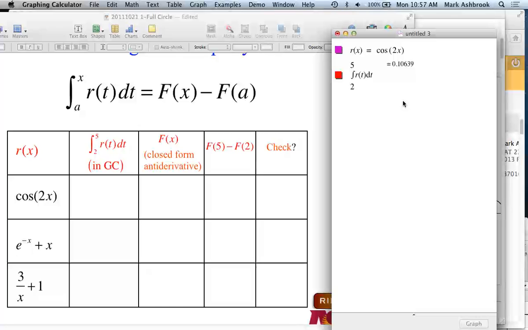And already I have a value. As soon as you set up that integral, you get a value, in this case 0.1064. So we can write that down.